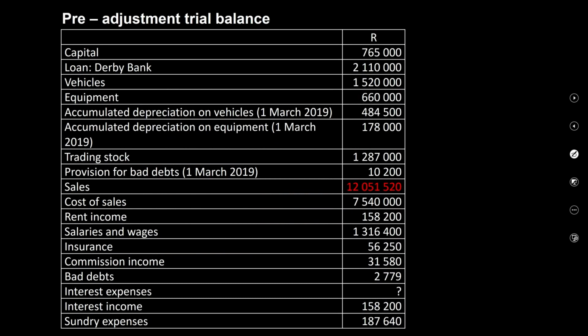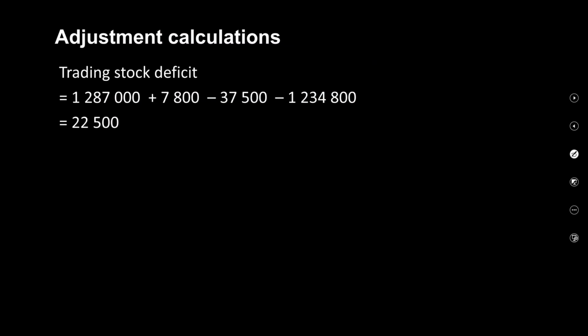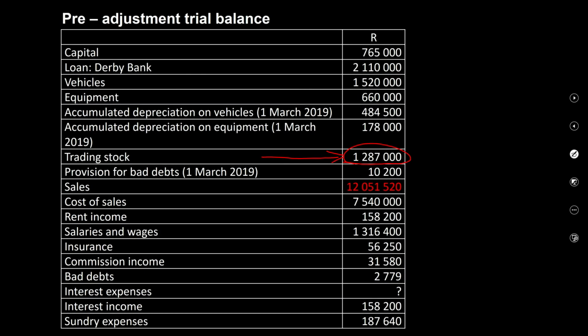Okay, this means therefore, if you look at your trading stock figure, let's identify it from my balance sheet. Here we go, 1,287,000. So I take my 1,287,000 as my starting point, add the stock that was returned by the consumer, less the stock that was stolen, the 37,500, less my stock figure as per my stock take.